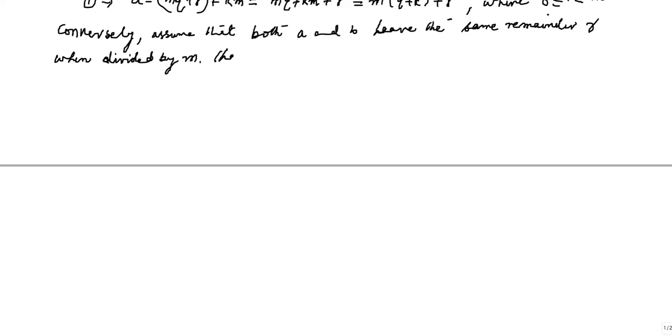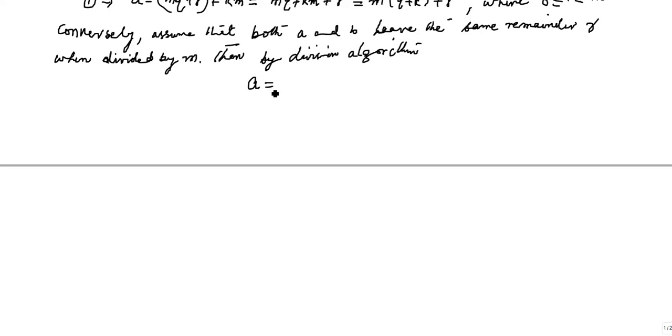Then we apply the division algorithm here. By the division algorithm, whenever A is divided by m, we have remainder r.